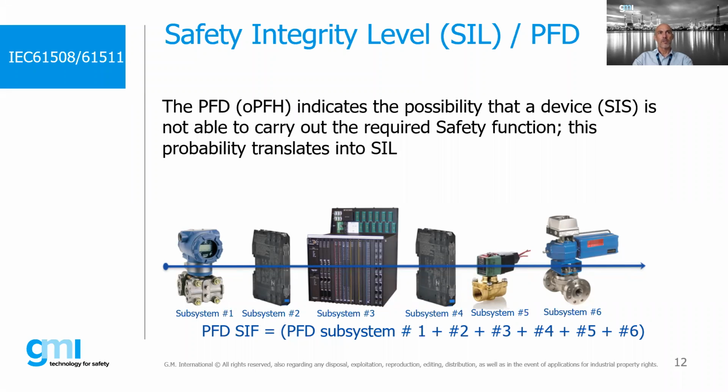Every single part, of course, has to have this kind of parameter available. And it's really very important that each part must be suitable for the SIL you want to achieve in this loop.